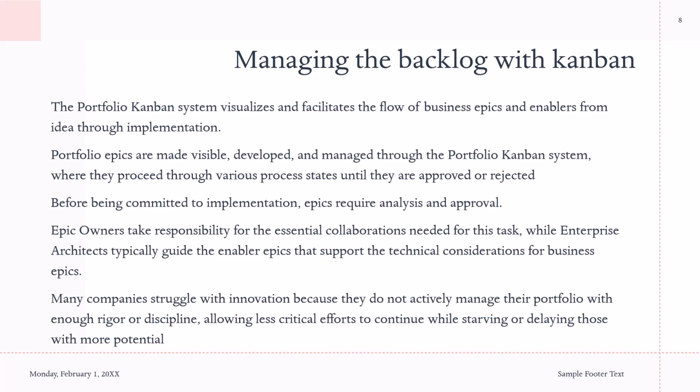As we discussed, we have two kinds of epics: business epics and enabler epics. The epic owner will take the business epics, and the enterprise architect will most of the time take the enablers, because these are the people who understand the organization's enterprise solution and how the environment is designed. They take those enablers so that they can extend our runway, so that when we push solutions to environments such as development or testing, we don't have gaps and hiccups.